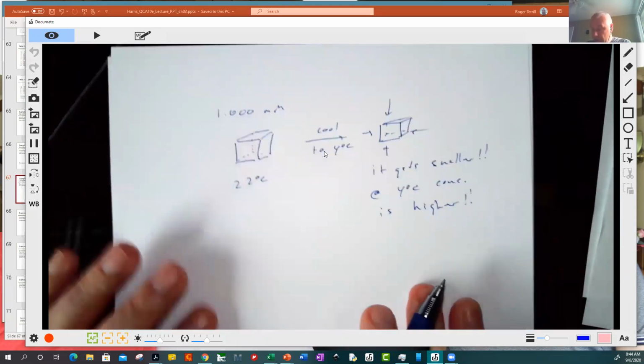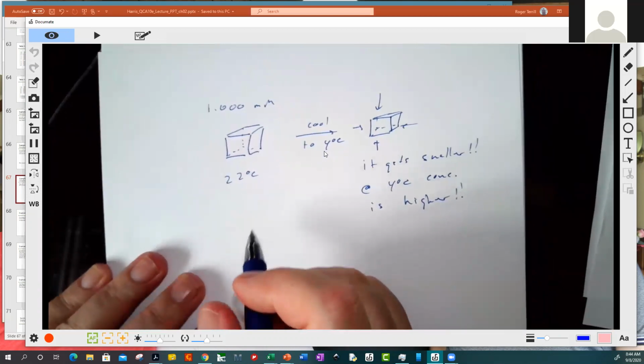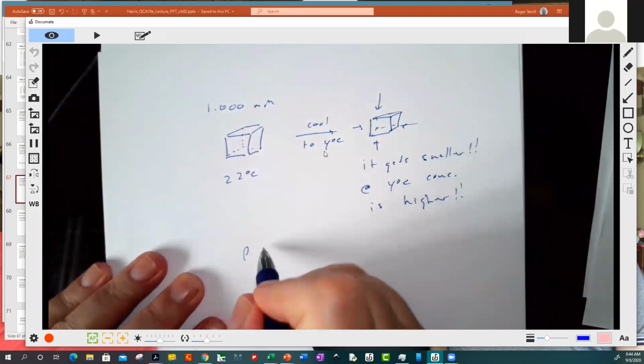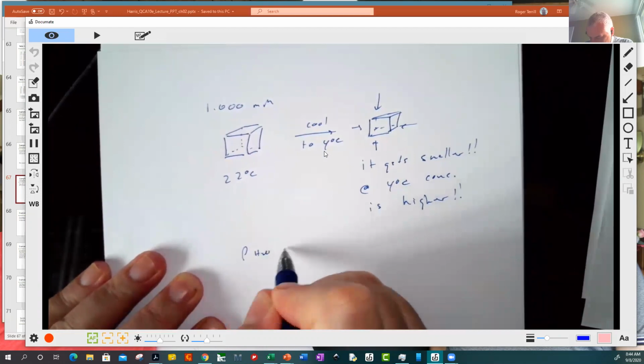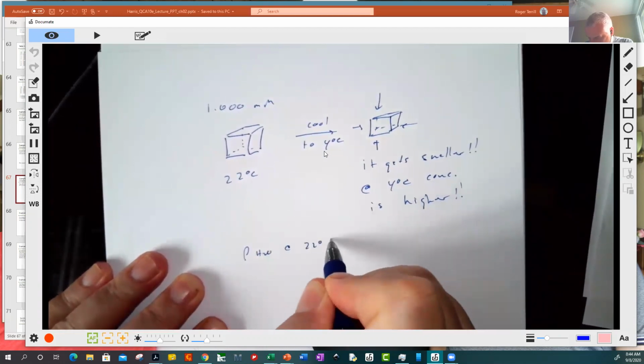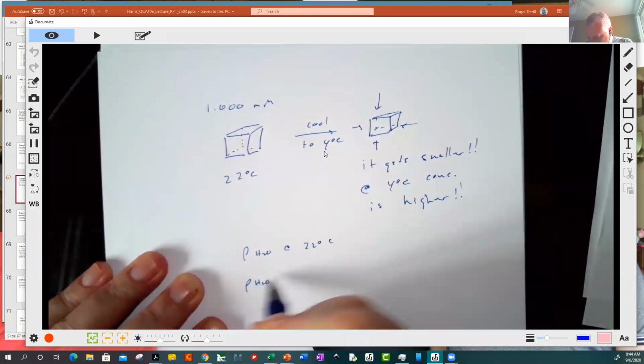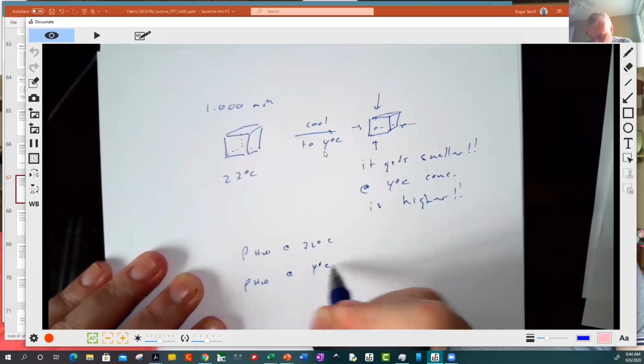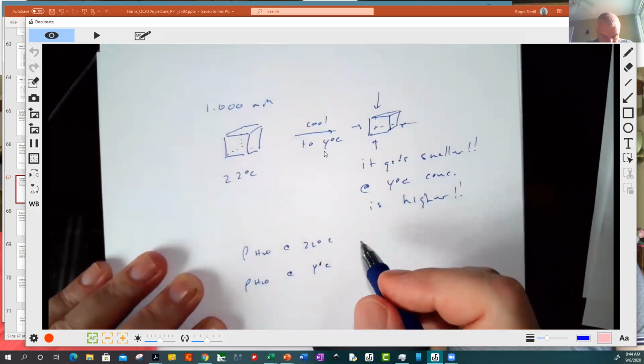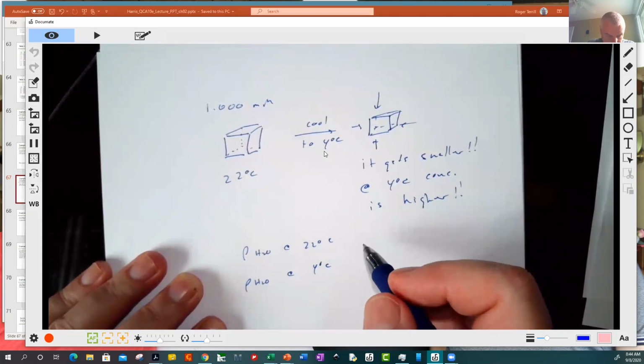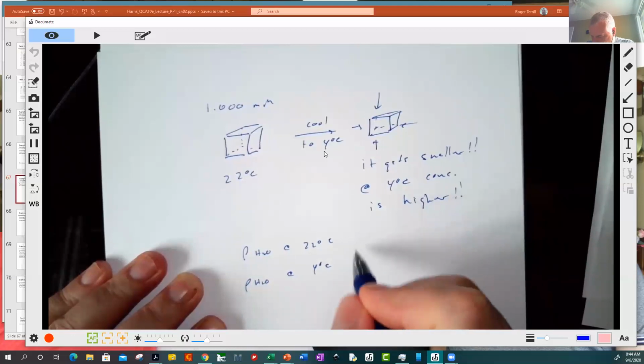So the way to do that is to use the density of water at 22 degrees C and the density of water at 4 degrees C. And this is 0.999974.